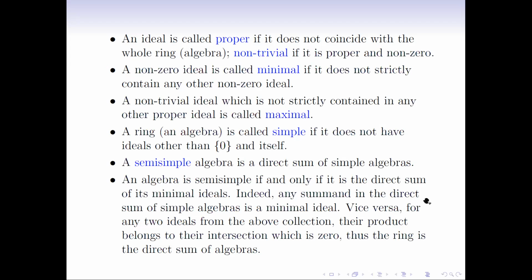And if you have the sum of, say, two ideals or some collection of ideals, then for any two ideals, the intersection of them is 0. And if you consider the product of two elements from two different ideals, then by definition, it must belong to the intersection, which is 0. So they do not intersect, and the product of them is 0. So it means that the direct sum of ideals is the same as the direct sum of algebras. If the ideals are minimal, then the corresponding algebras are simple.